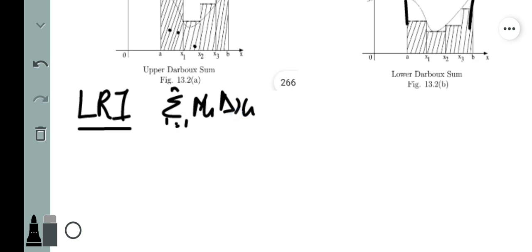I get some of the rectangles below the curve, but for the lower Riemann integral, it becomes the integral from a to b of f of x dx.